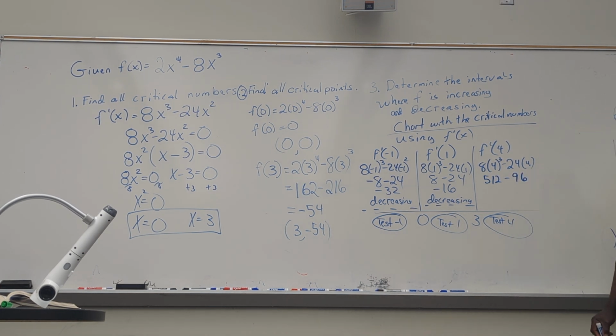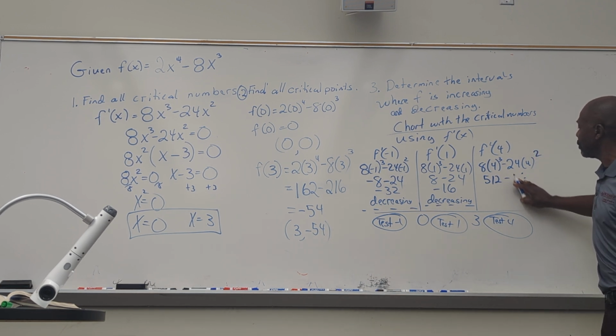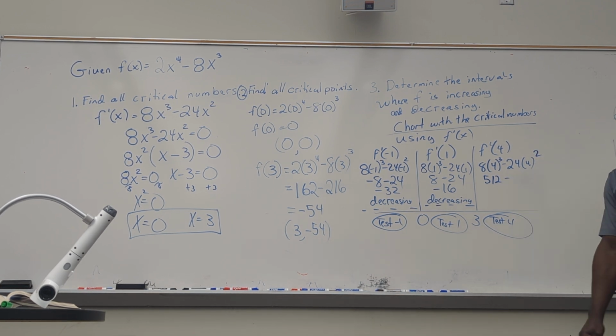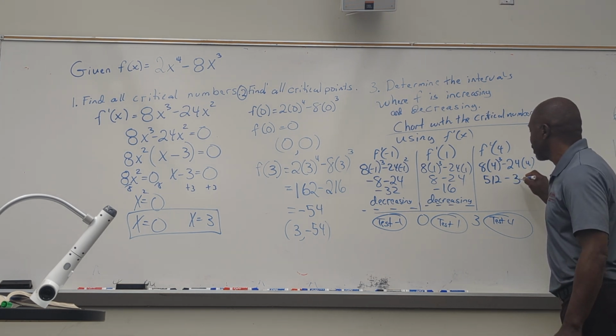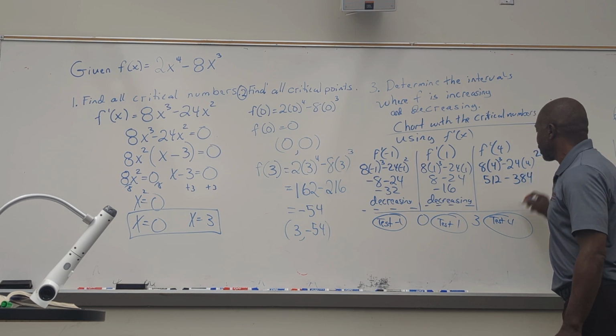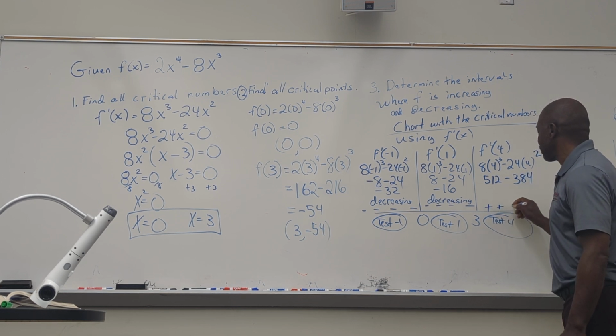Was it supposed to be squared? Yeah, class, supposed to be squared. 24 times 4 squared? 384. Is the answer positive or negative? Positive. So what's the graph doing here?